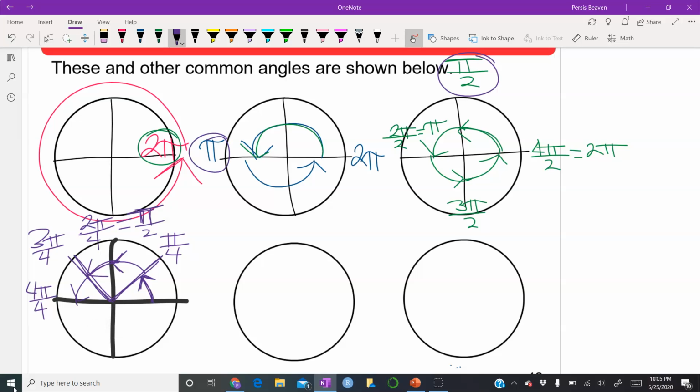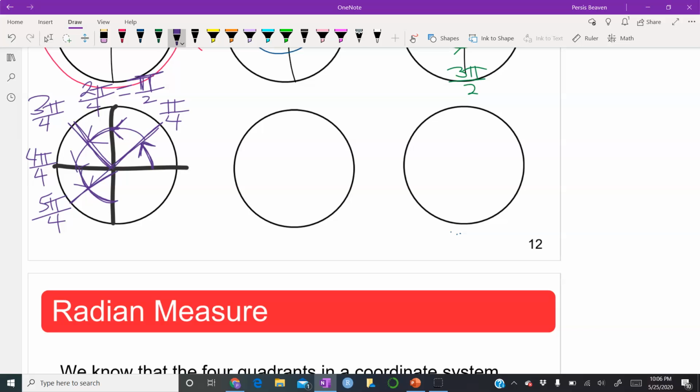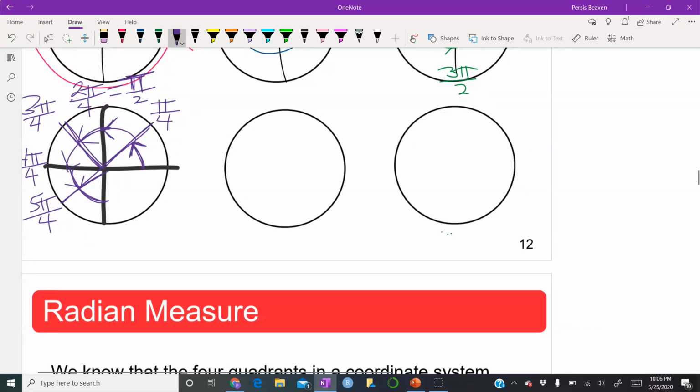Another one of that same arc length or central angle, and that would be 5 pi over 4. Here, this will be equal to 6 pi over 4, but if we simplify it, it will be equal to 3 pi over 2.